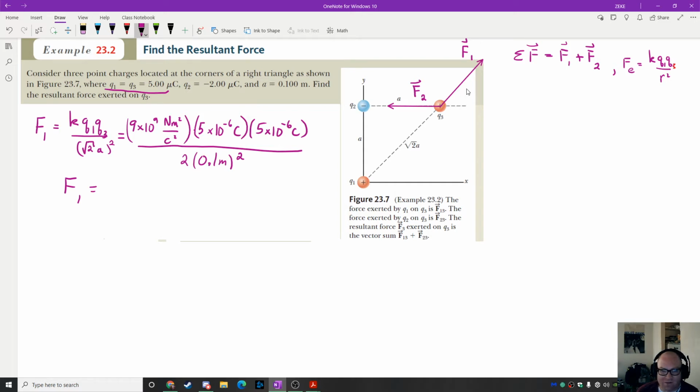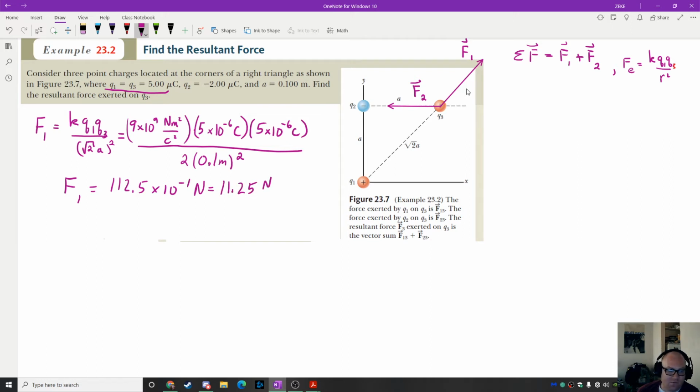So it's 4.5 times 25. So it's like 112. That can't be right. Is that right? 1125. I got 2.25 newtons, but I'm not sure if that's right. So this would end up being 11.25.